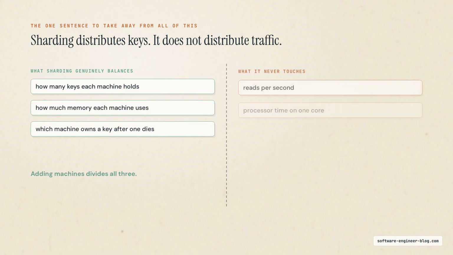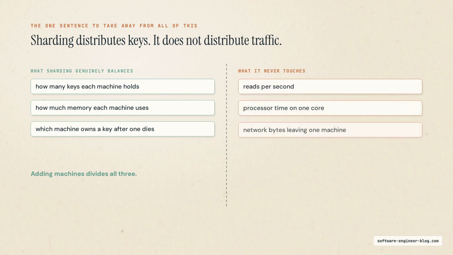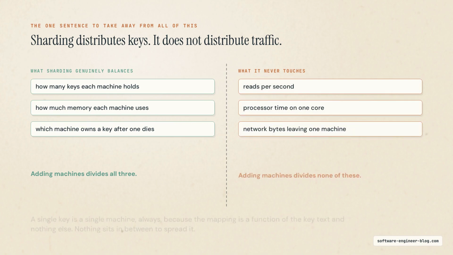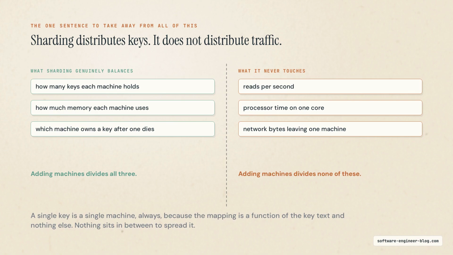On the right are the things it never touches: reads per second, processor time on one core, and network bytes leaving one machine. Adding machines divides none of those. A single key is a single machine, always, because the mapping is a function of the key text and nothing else.